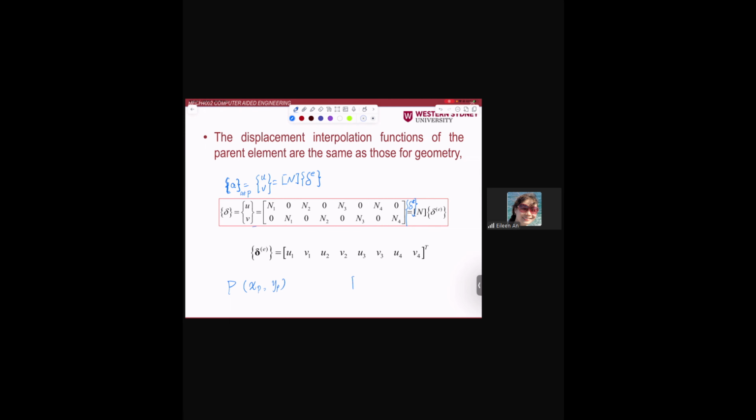If this P is given in its local coordinate system, then you have to make sure those N's are the shape functions in its local coordinate system.